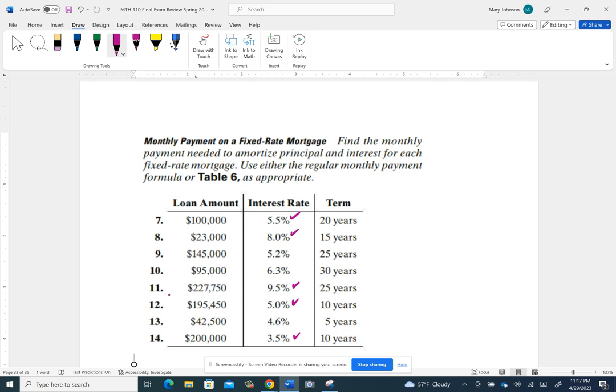And all of the terms look like they would probably be in the table. So let's do one that's in the table and one that's not. Let's take this one and use the table. And then let's take one that's not in the table, like this one.